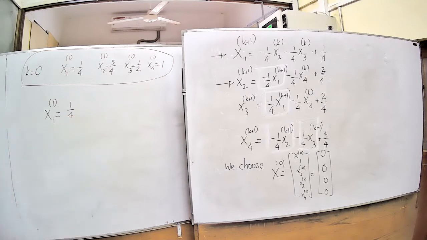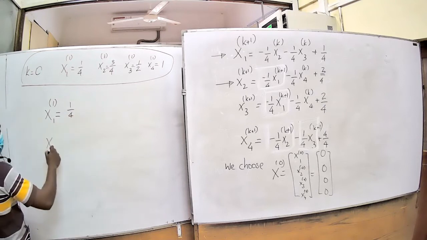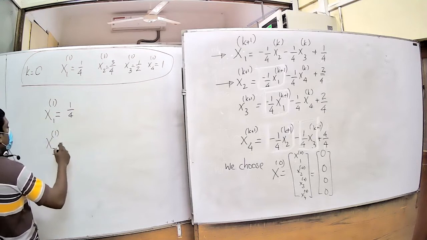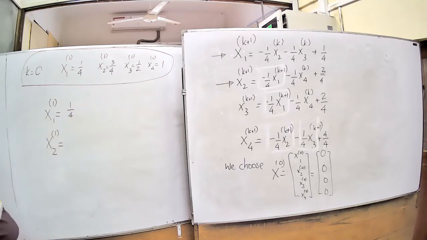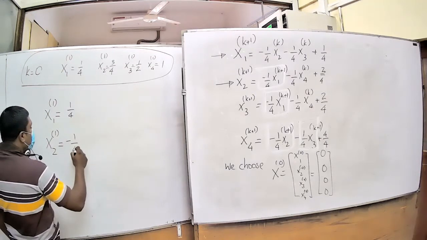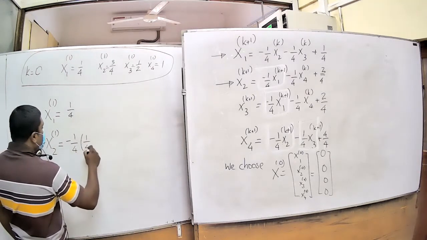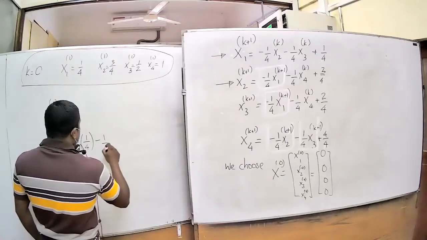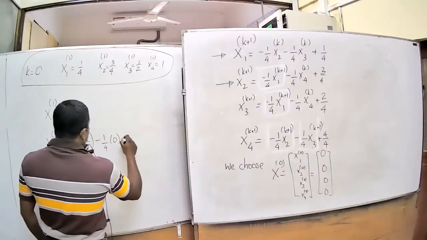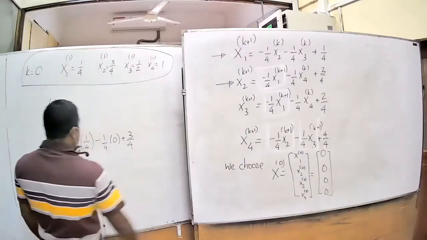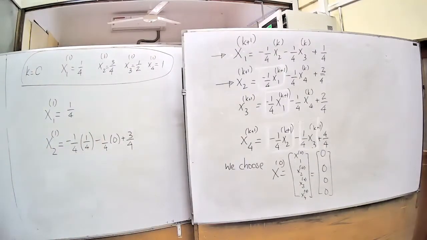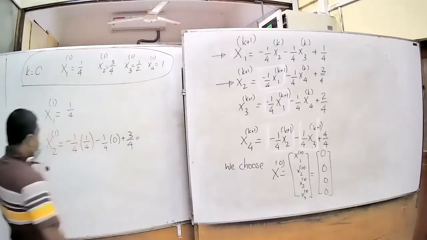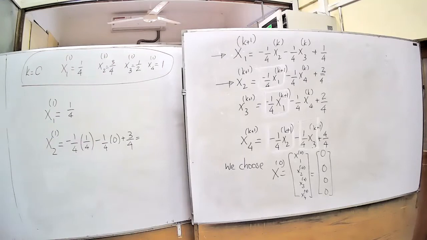But x2 is going to be minus 1/4 times 1/4, but x4 is from the previous step, so minus 1/4 times 0 plus 3/4. So you will have a new value. That is 12 minus 1, so 11 over 16.